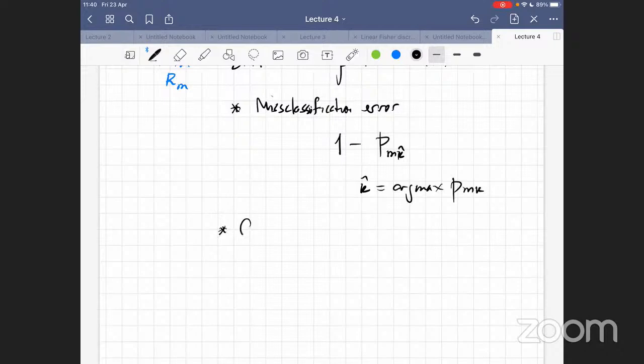A second one, which is very popular, is the Gini index. And the Gini index is the sum over all classes of these impurities times 1 minus the impurity. So note that if the impurity is 0 for one class, then this contribution is going to cancel, right? And the Gini index is maximal when the proportion is distributed equally among all the classes.